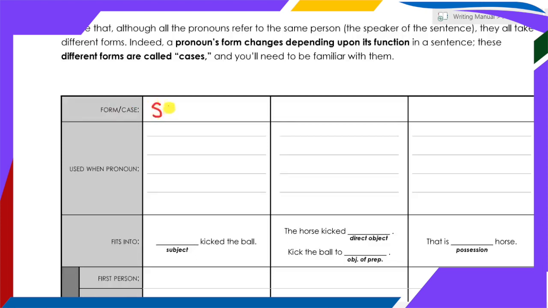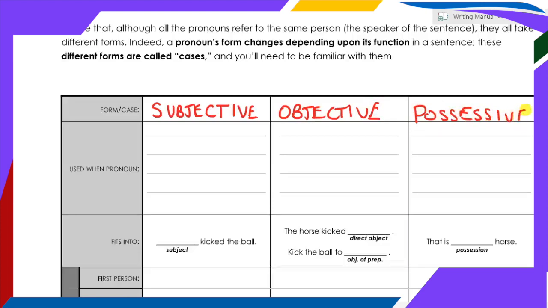So the 3 forms or cases are subject form or subjective form, object or objective form, and possessive form. And of course, the subjective form is used when the pronoun is the, can you guess, subject of a verb.